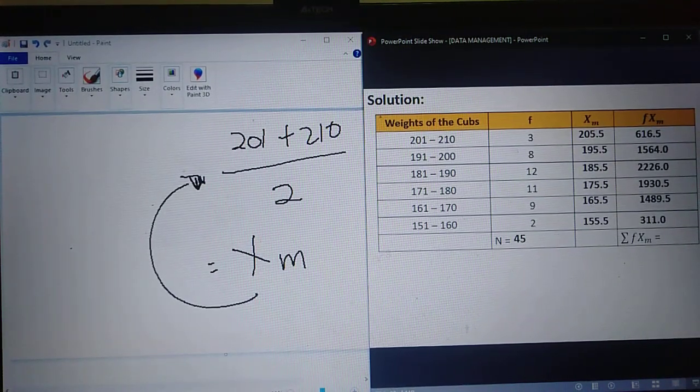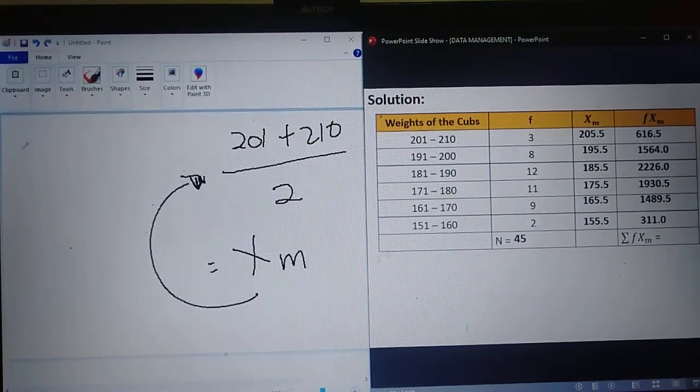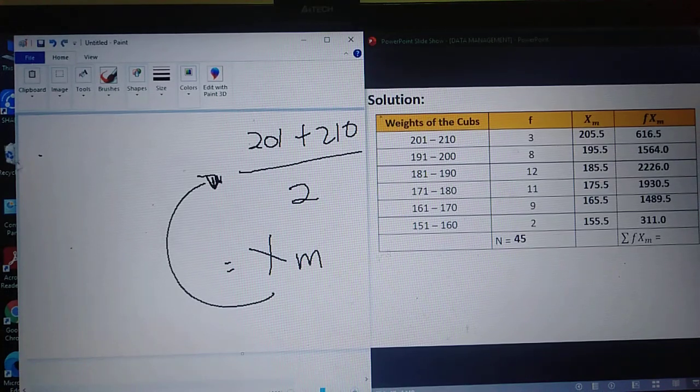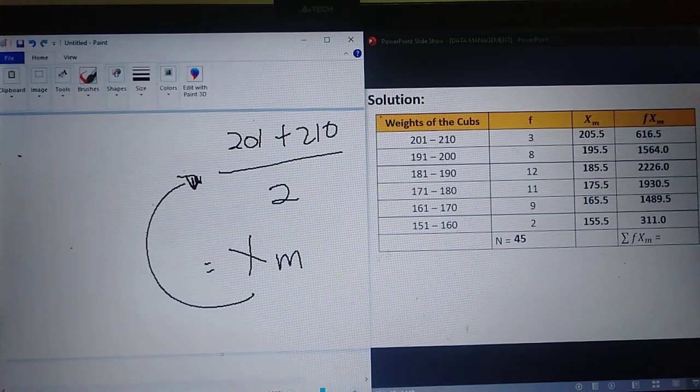And then after mo na multiply ang mga yan, kunin mo yung grand total. Kasi yung formula na natin, di ba? Our formula is summation of fxm all over n. Ayan.